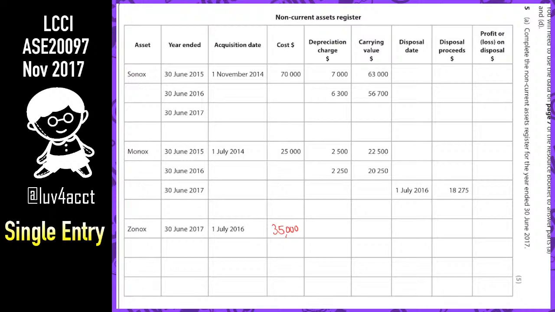So 56700, 10% will be 5670. The carrying value is 56700 minus this amount, 51030. Okay, finish for Sonox.